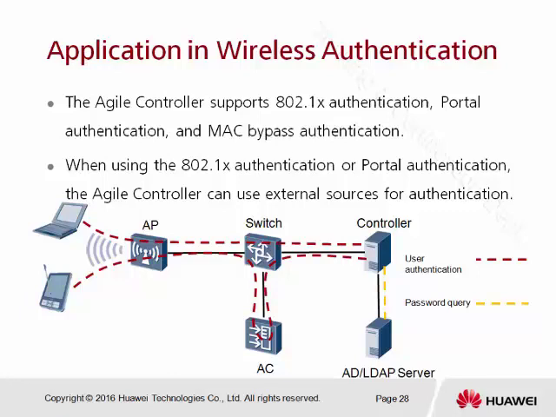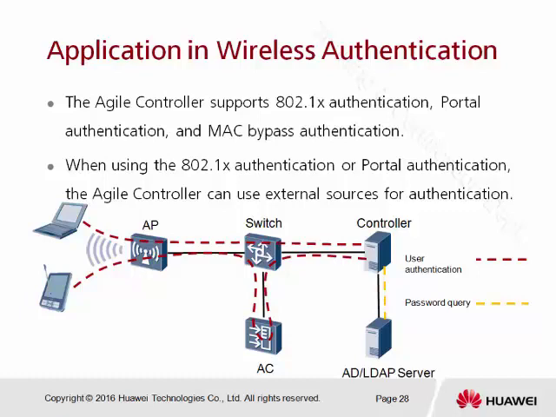The MAC bypass authentication is suitable for IP devices like printers, because the printer cannot simply type in a username and password to proceed with the 802.1x authentication. That's why they need to use the MAC bypass authentication here.